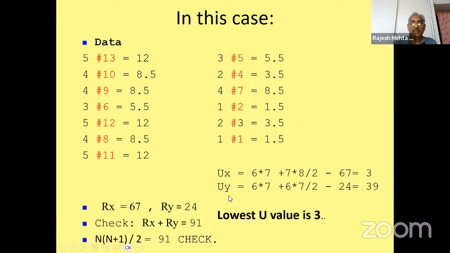And UX is over here, and UI is over here, right? So 3 and 39. If you want to look at the formula of UX and UI, it is already given.